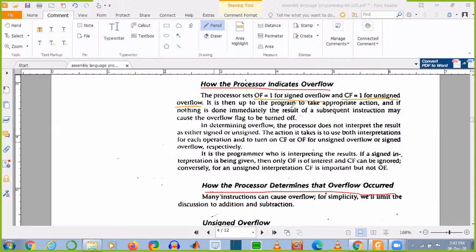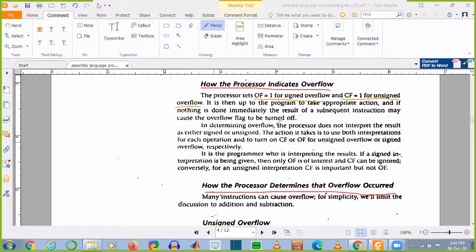If nothing is done immediately, the result of a subsequent instruction may cause the overflow flag to be turned off. Suppose your overflow flag becomes 1, but the next time you do another operation, that operation may affect the overflow flag also, because the overflow flag may change. That is what it is saying.